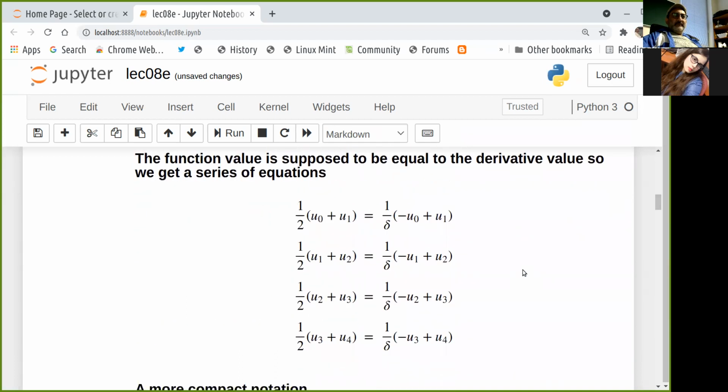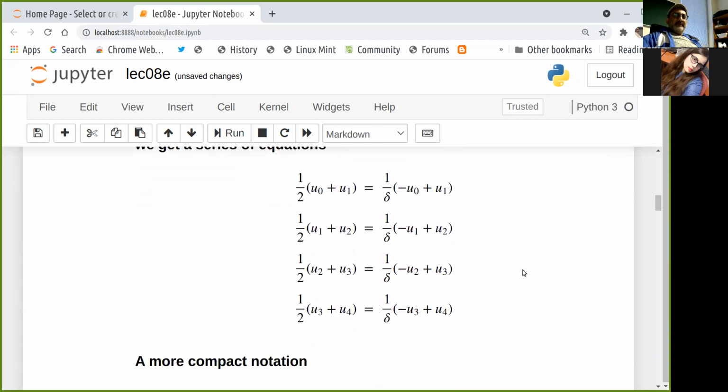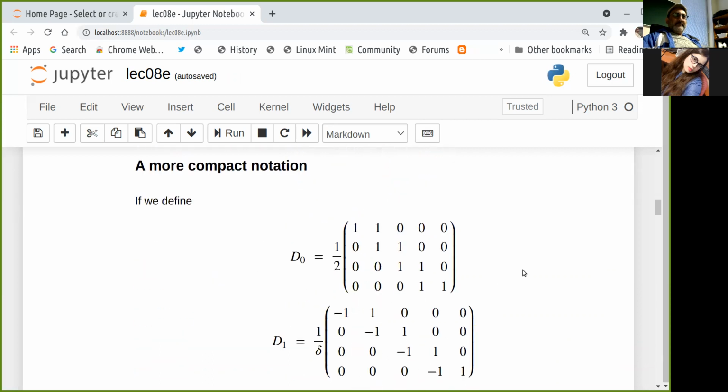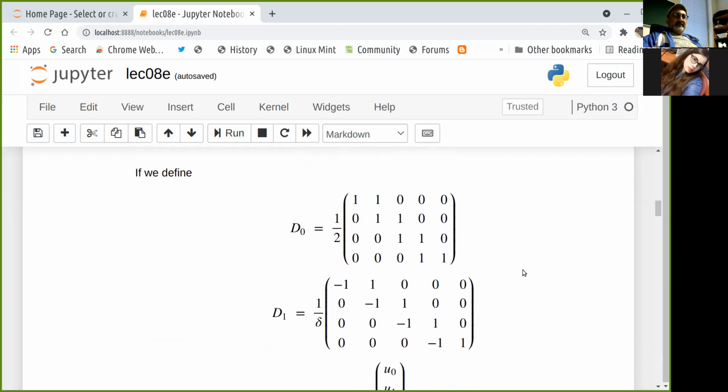And so then if we arrange them in a table, these are the approximations at these points on the interval for the approximate solution. Then we get this table of equations if you use that discretization. There are other ones which are possible. And if you want a more compact notation, we define matrices like this, D0 and D1.